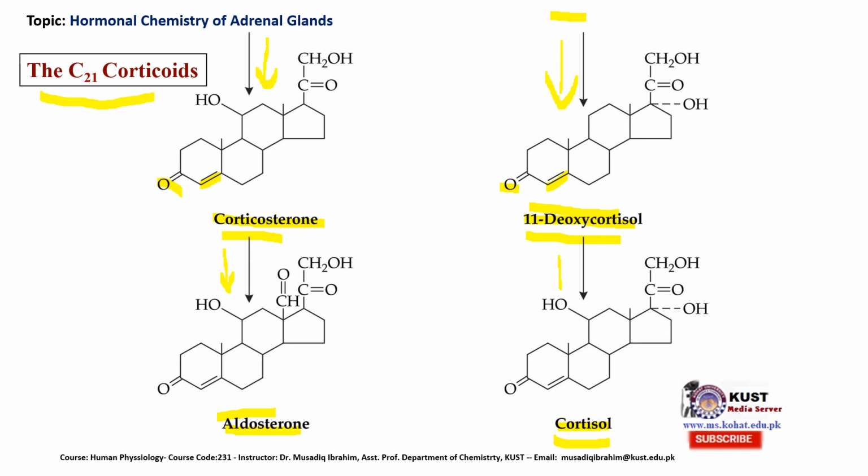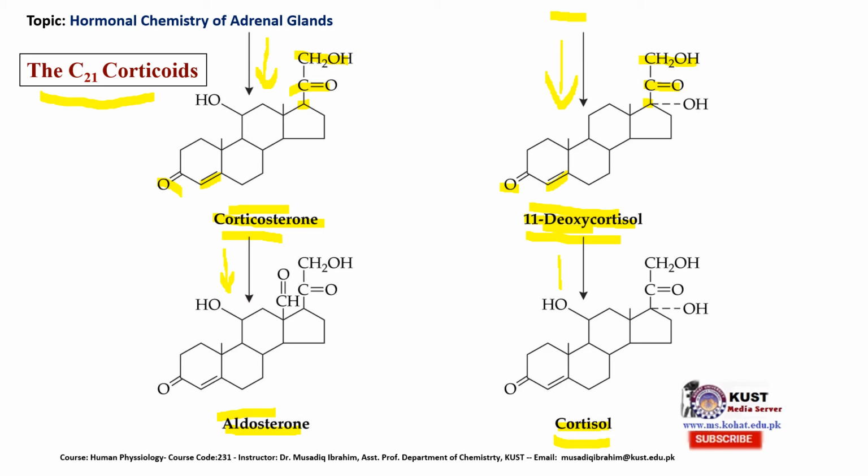Now going up to the carbon number 17 position, in corticosterone you have a carbonyl carbon and then the ethanolic group. In case of 11-deoxycortisol at carbon number 17, again you have the carbonyl carbon and the methanolic group.